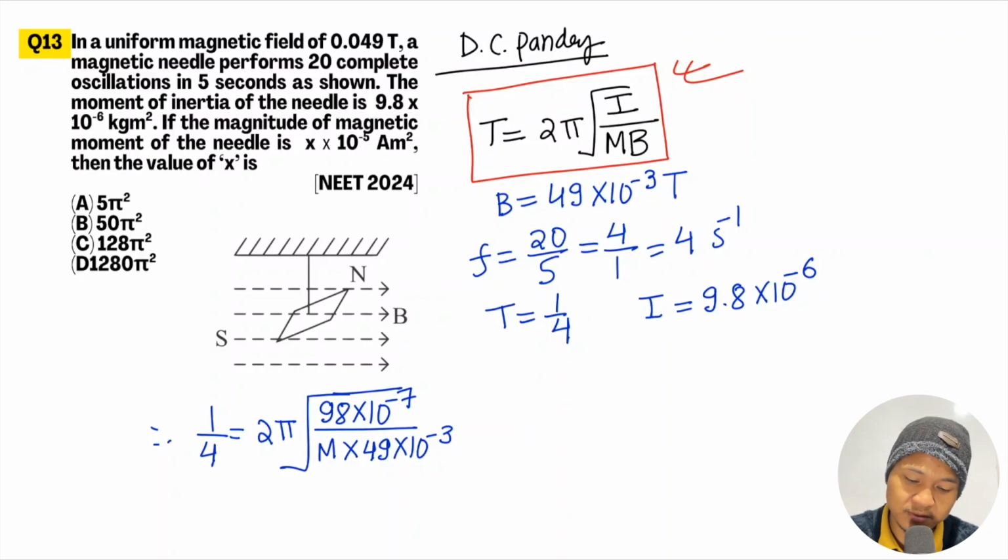Solve it. 49 into 2 is 98, so 10 power minus 4.